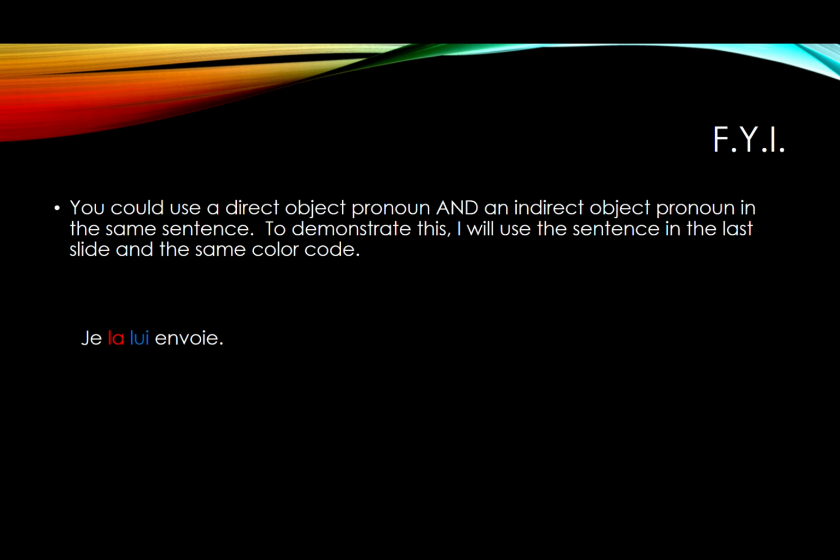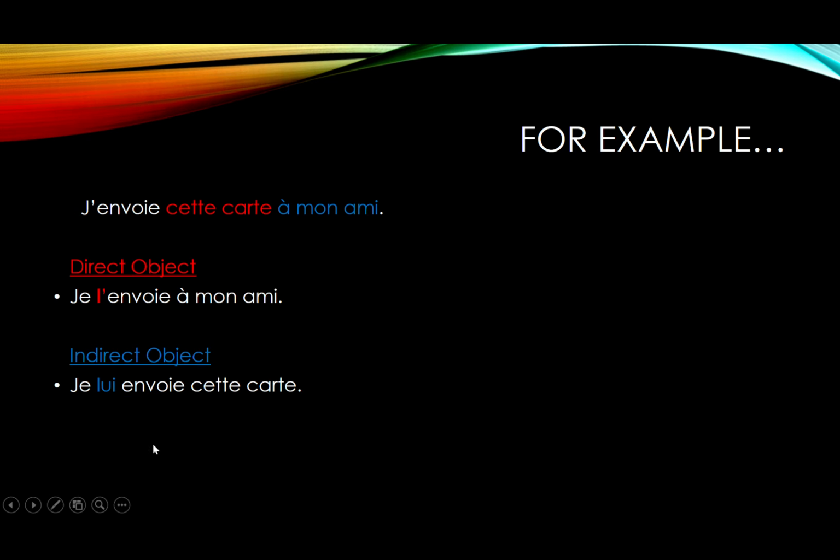And a little fun fact, you can use a direct object pronoun and an indirect object pronoun in the same sentence. To demonstrate this, I will use the same sentence as in the last slide and the same color code. Now I'm going to go back so you can see it. J'envoie cette carte à mon ami.